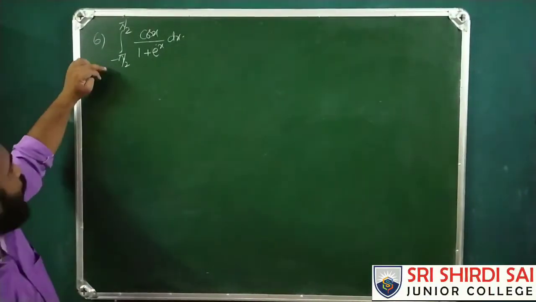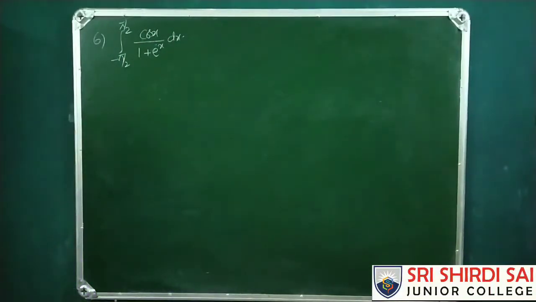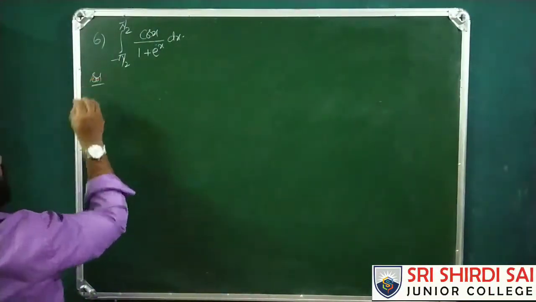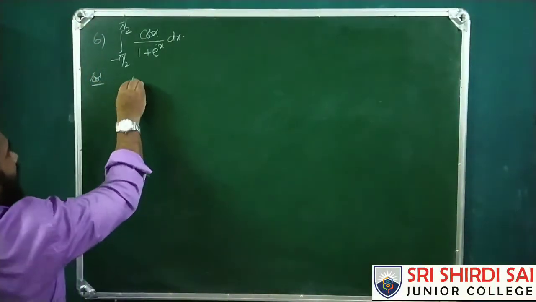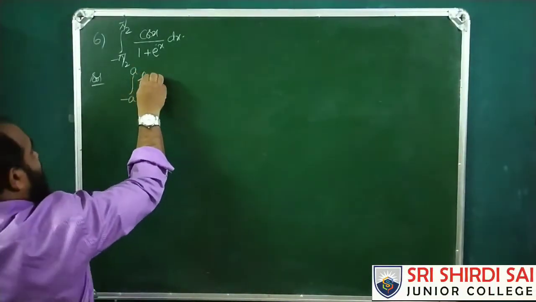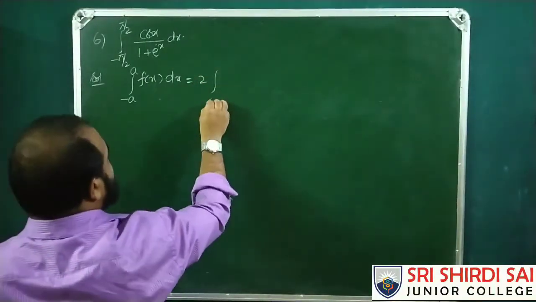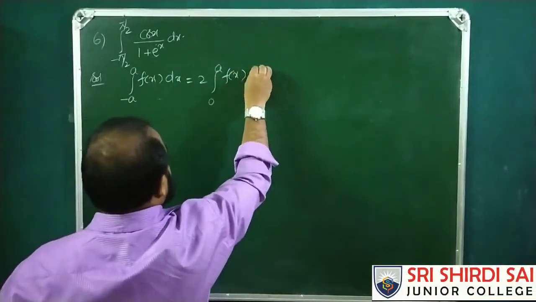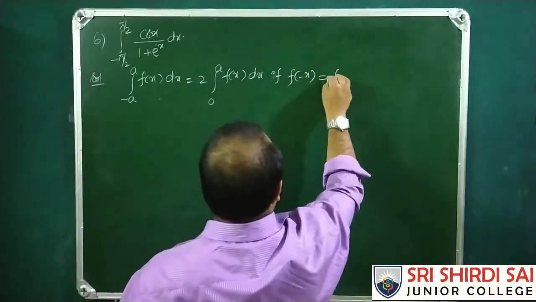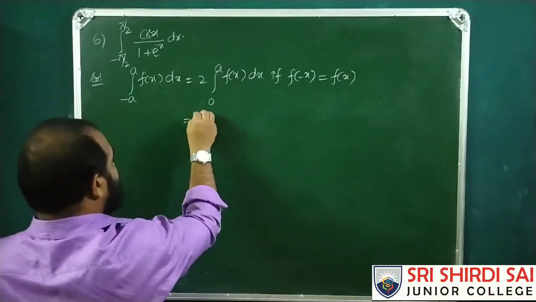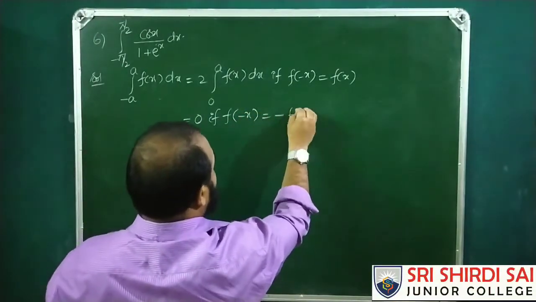The next problem: integral from minus pi by 2 to pi by 2 of cos x by 1 plus e power x dx. This seems to be of the property: integral from minus a to a of f of x dx equals 2 times integral 0 to a of f of x dx if f of minus x equals f of x, and the same value equals 0 if f of minus x equals minus f of x.